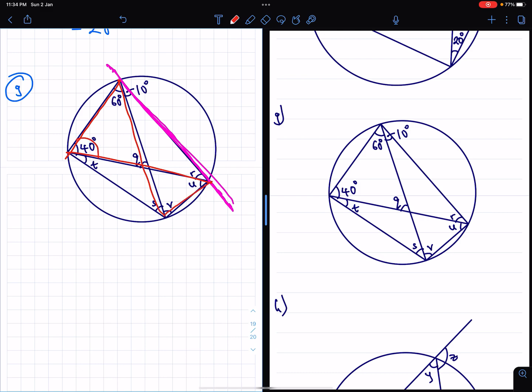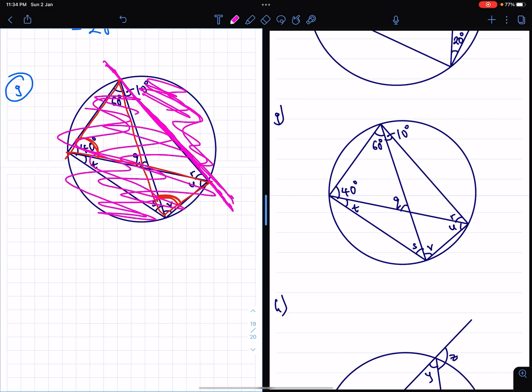So the angles between those lengths are in the same segment. That simply means V and 40 are angles in the same segment, because this purple chord divides the circle into two segments, this one and then this one. So that's the trick for identifying the same segment angles.